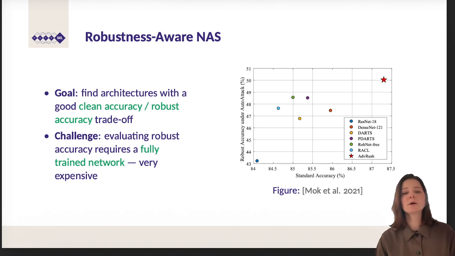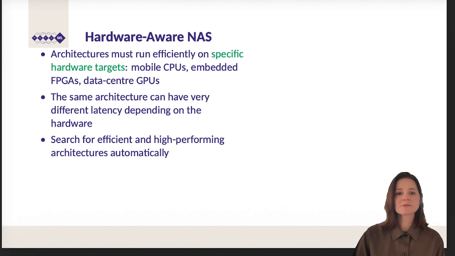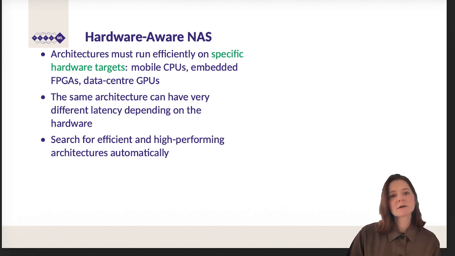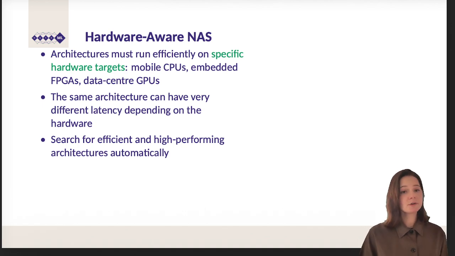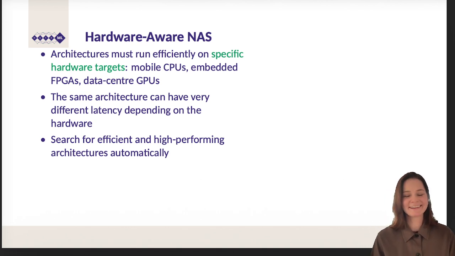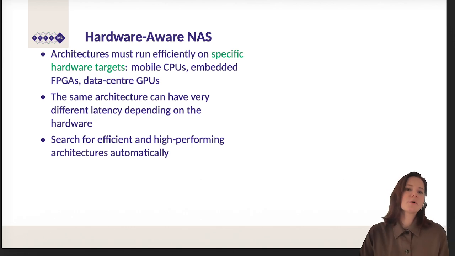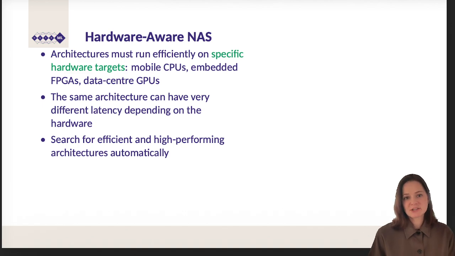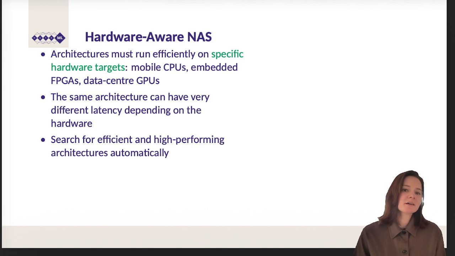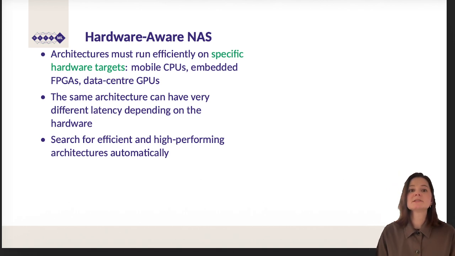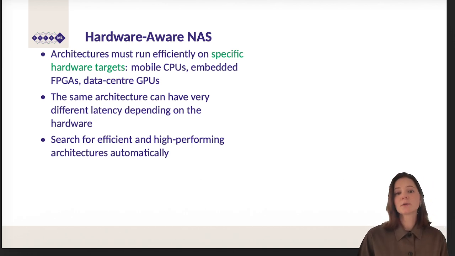A different area where NAS is showing impressive results is hardware awareness. So architectures must run efficiently on specific hardware targets depending on your actual downstream task of interest. Not everything is running on a GPU, ranging from mobile CPUs to embedded FPGAs. In addition, the same architecture can have very different latencies depending on the actual hardware it is deployed on.